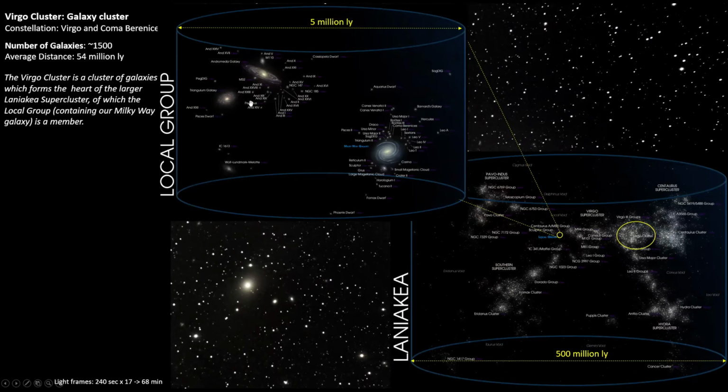Now, the local group is embedded along with the Virgo cluster inside a larger supercluster called the Laniakea supercluster. So this local cluster, which is about 5 million light years in diameter, is embedded here in the Laniakea cluster, which is about 500 million light years in diameter.